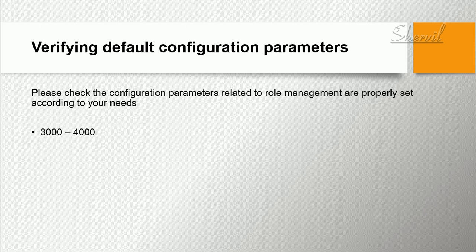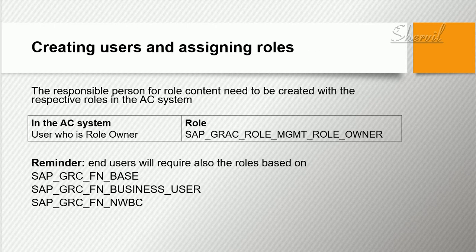Now let's see what else. Another step you need to do is create users. You need to designate who the role approvers or role owners are going to be. Any role owner would need the SAP GRC role management role owner role.